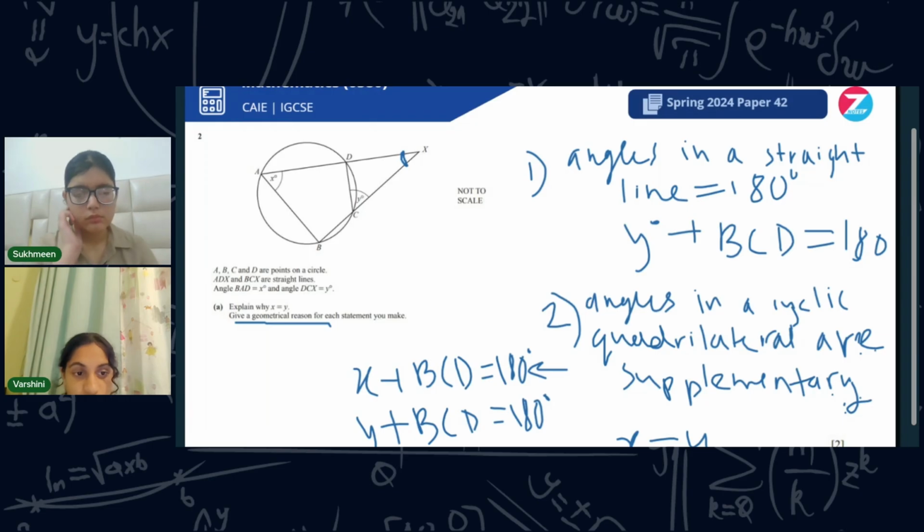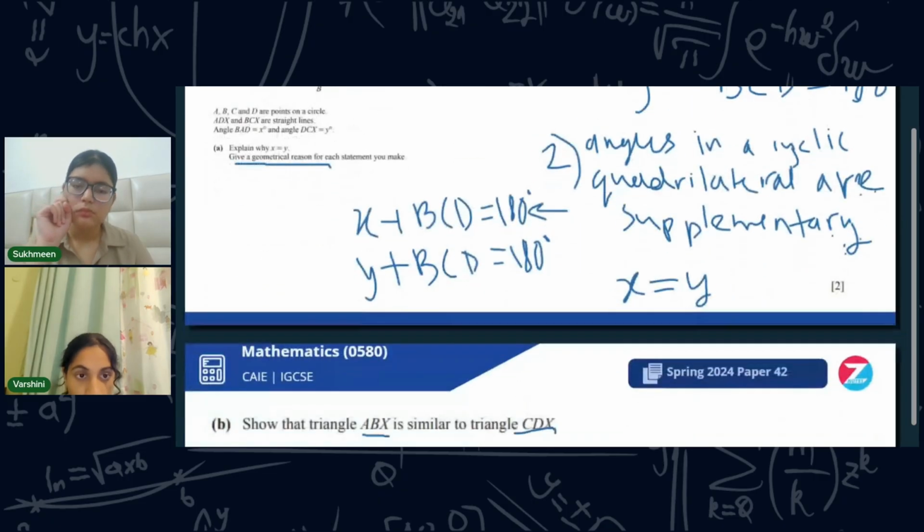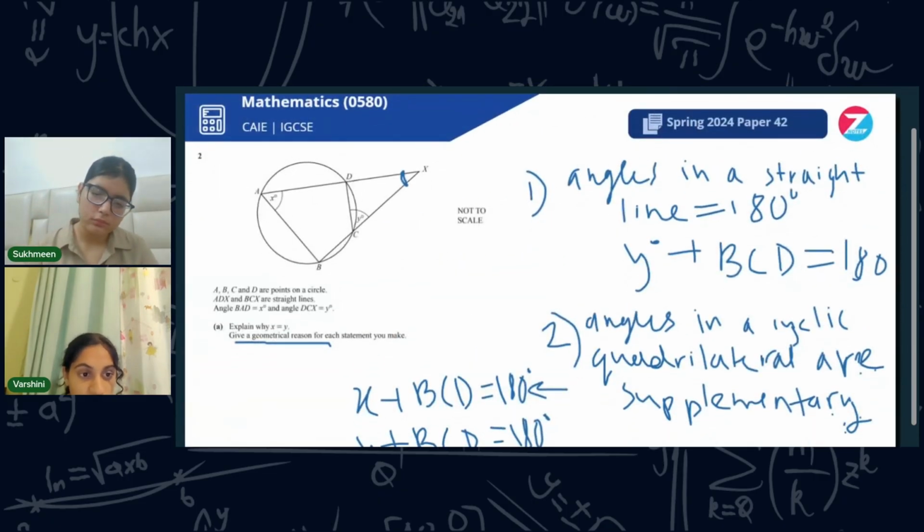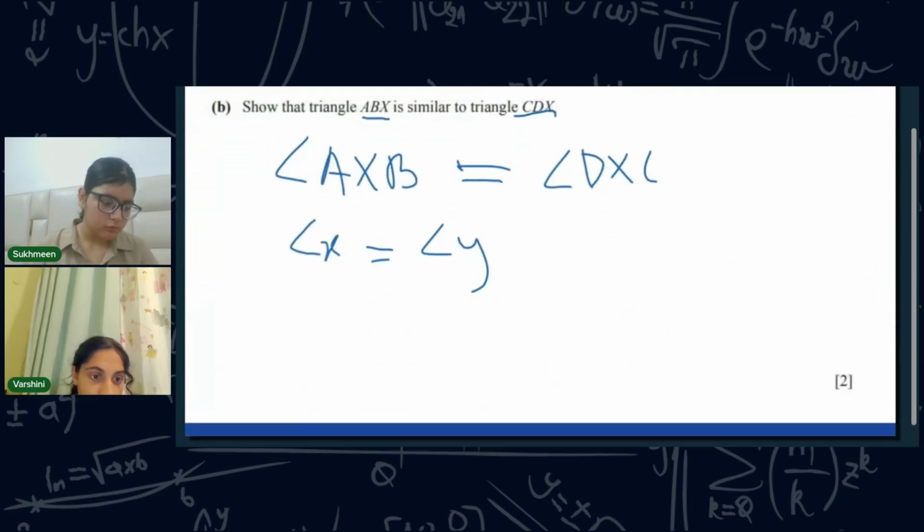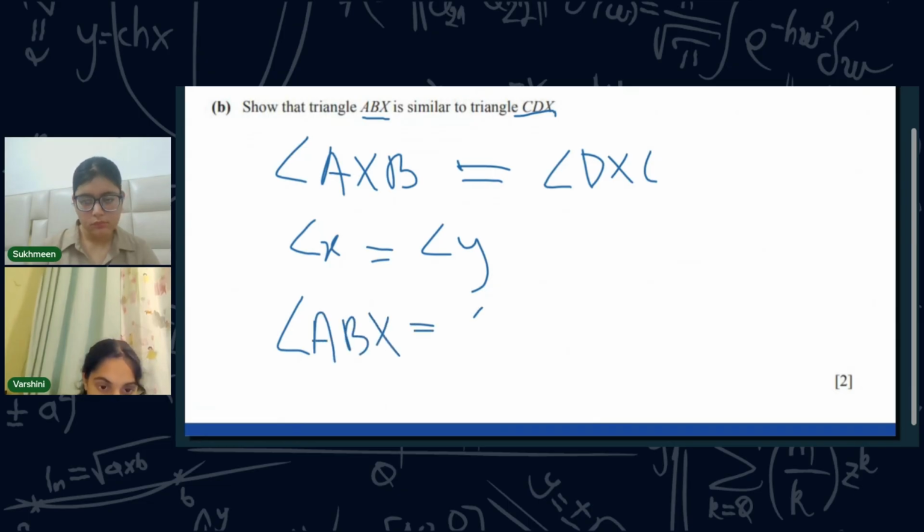The third angle has to be the same to make 180 for both triangles. So therefore angle ABX equals angle CDX.